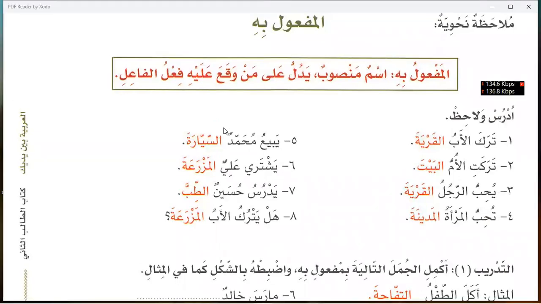Muhammad is selling the car. Yashtari Aliyyun al-mazra'ata. Yashtari means buys. Ali buys the farm.